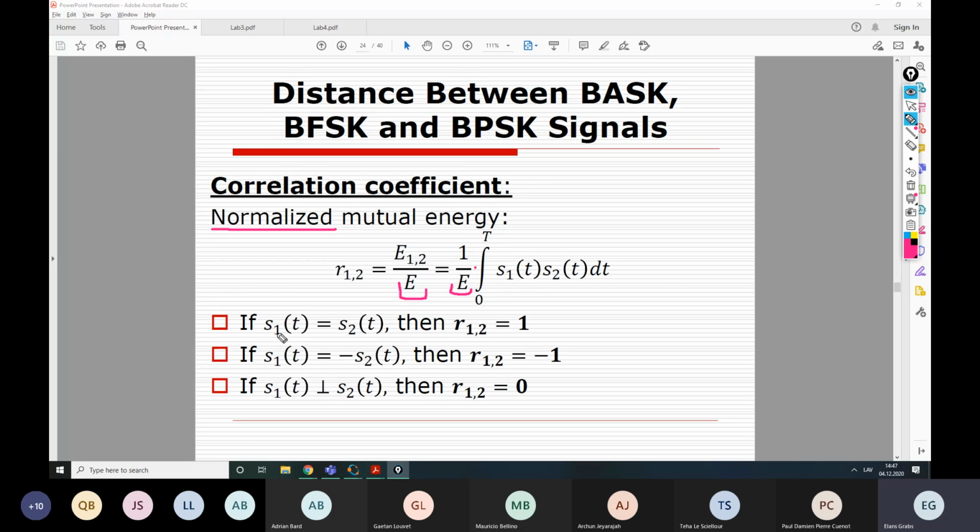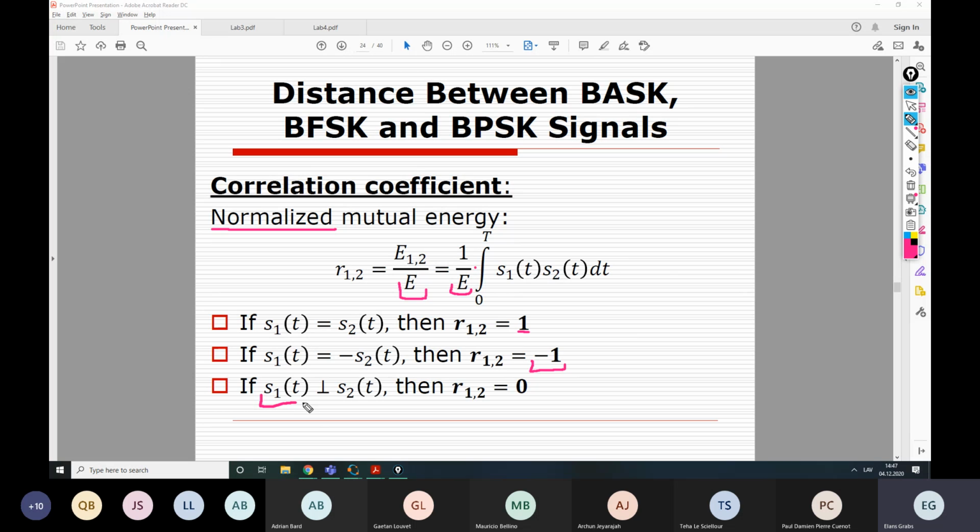And in that case, if the signals are equal to each other, then this correlation coefficient is equal to 1, meaning that these two signals are 100% similar, right? They have everything in common. Now, if the signals are opposite sign signals, so basically they are antiphase signals, then the correlation coefficient will show -1, meaning that they 100% differ, right? So they are actually very same, but quite opposite to each other, inverse, all right?